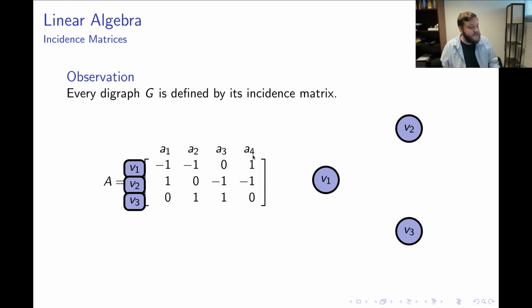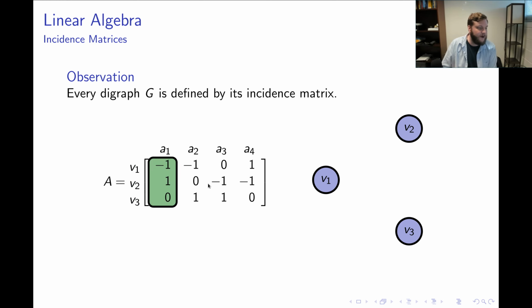Notice that this incidence matrix has 4 columns, which means ultimately this directed graph will have 4 arrows. If we look at the first arrow labeled by A1 here, notice that we have a -1 in the V1 position, a 1 in the V2 position, and a 0 in the V3 position. What this means is that our first arrow starts at V1 and points to V2. So our first arrow starts at V1 and points at V2 and ignores V3.